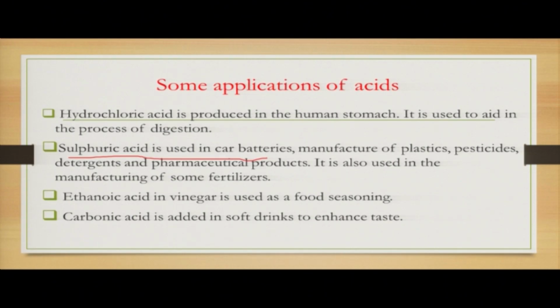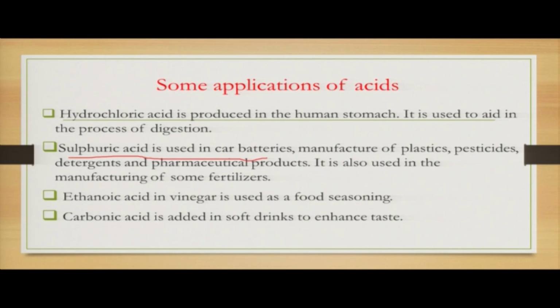It is also used in manufacturing plastics, pesticides, detergents, and other pharmaceutical products, like drugs. One of the drugs that I can give is aspirin. Aspirin itself is an acid. And even some fertilizers, an example can be ammonium sulfate. The ammonium sulfate is formed from ammonia combining with sulfuric acid.